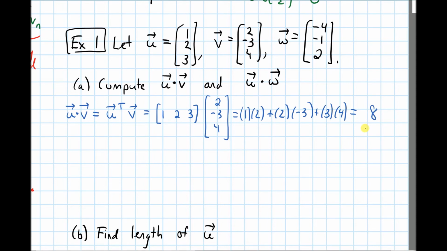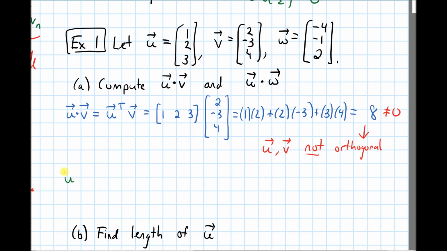And the fact that this dot product is not 0 means that these two vectors, u and v, are not orthogonal. So that's pretty nice that this dot product tells us something tangible, something geometric about these vectors, whether they're perpendicular or not.